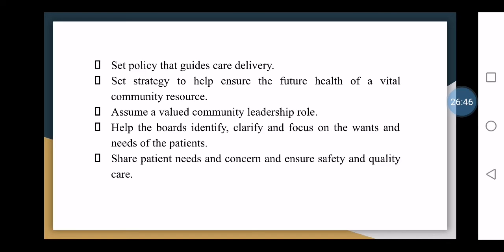In order to identify the need of the patient, to clarify that, and to focus on what the patient needs, a nurse is highly needed there. Then to share the patient's needs and concerns and ensure safety and quality care. Again and again, in around 3-4 areas, they have focused on quality care.